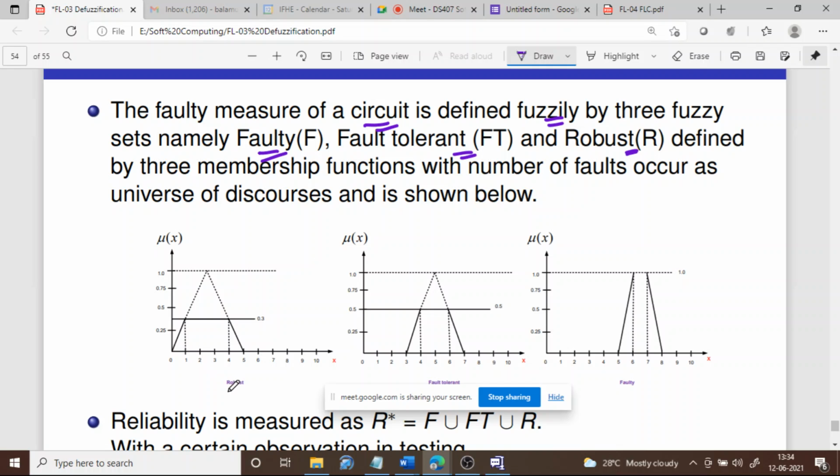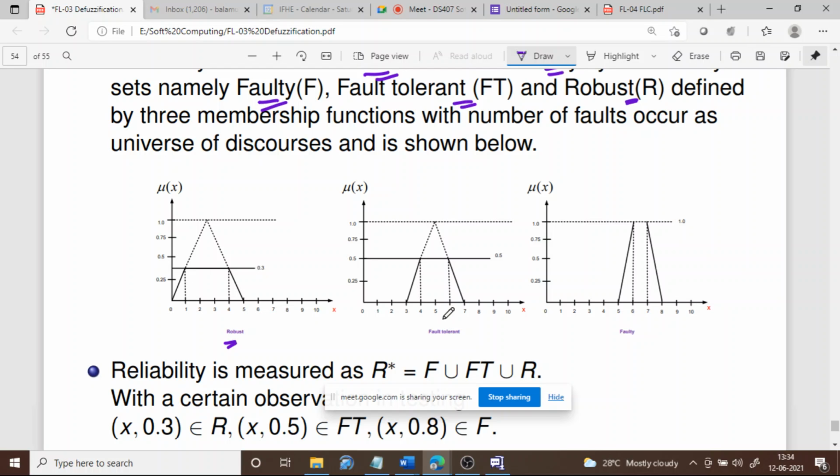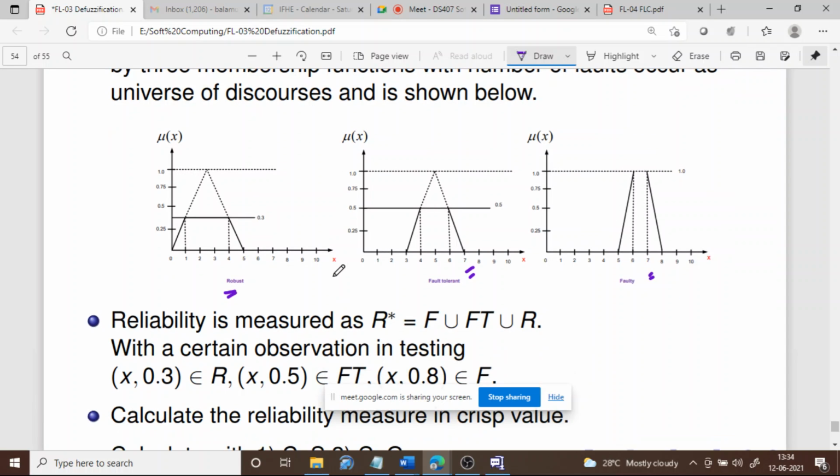So this first one is robust, this is fault tolerant and this is faulty, right? And for all these things, a reliability score is given. Reliability is equal to F union FT union R. F is faulty, FT is fault tolerant, and R is reliable, right?